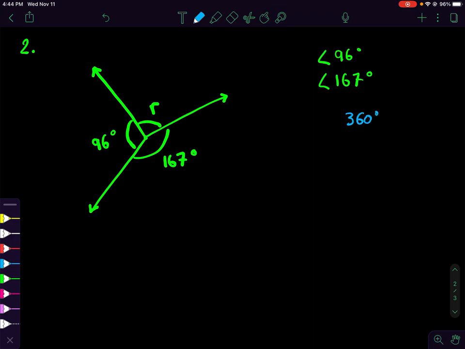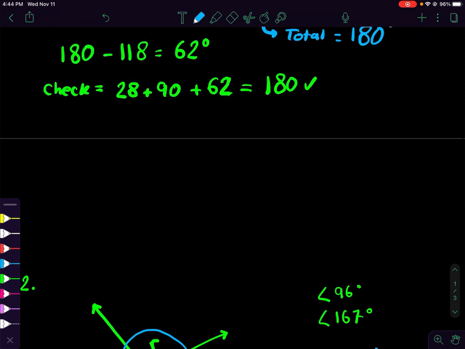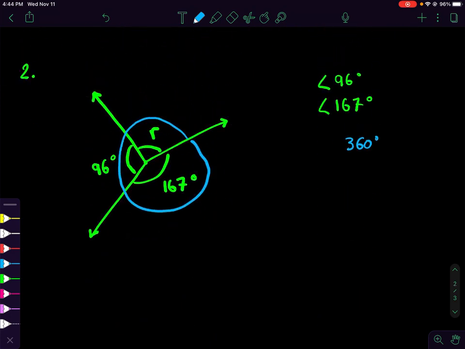So when I go from here to here, it's 360. So you see the difference? The total angles around a point is 360, but the total angles around a line is 180. These are two different rules. This is around the point.